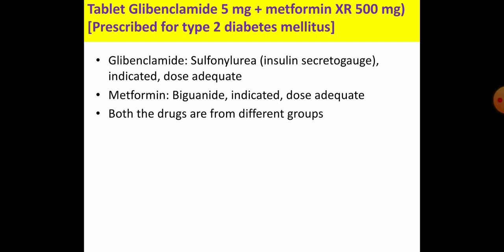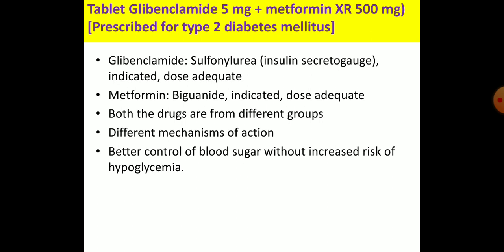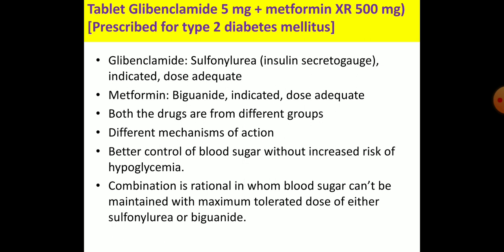Both drugs are from different groups, so they have different mechanisms of action, giving better control of blood sugar without increasing the risk of hypoglycemia. The combination is rational in whom the blood sugar can't be maintained with the maximum tolerated dose of either sulfonylurea or biguanide.